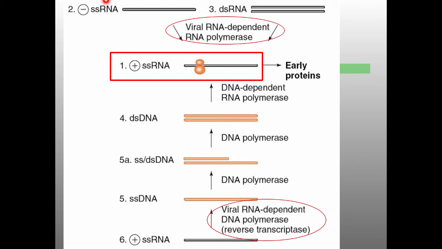So any of these negative strand RNA viruses have to have an RNA-dependent RNA polymerase protein that comes in with the genome at the same time as the genome is released. So they're absolutely dependent on a protein coming in as well as the RNA.